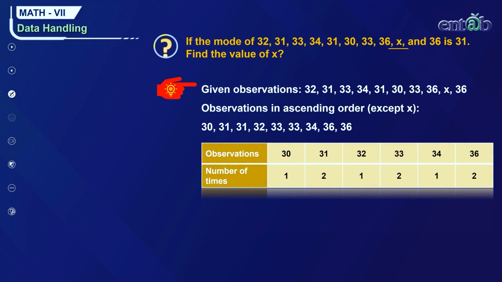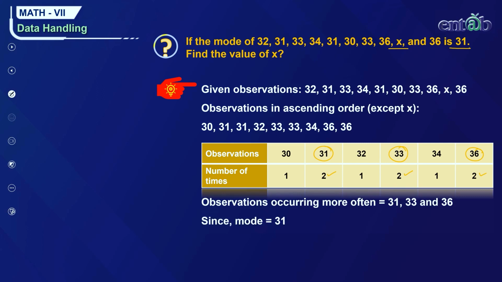So we can see that observation 31 is occurring 2 times, 33 is occurring 2 times and 36 is occurring 2 times. So these 3 observations are occurring an equal number of times. But now they have already given to us that the mode is 31.